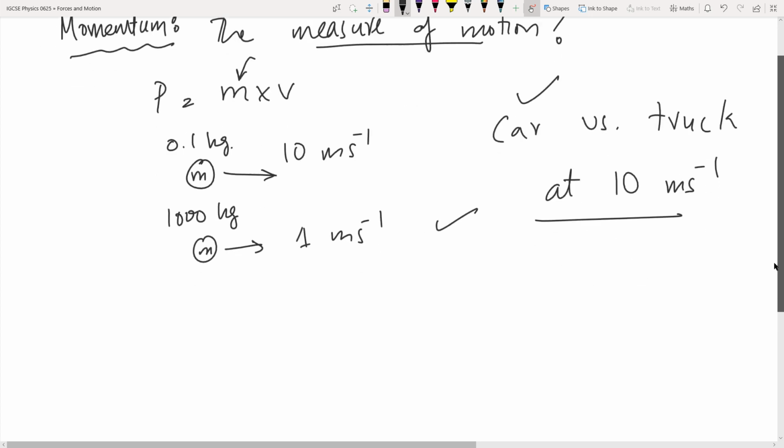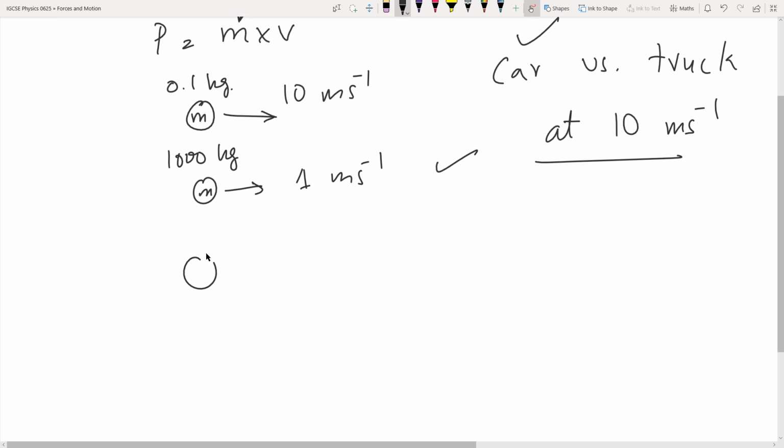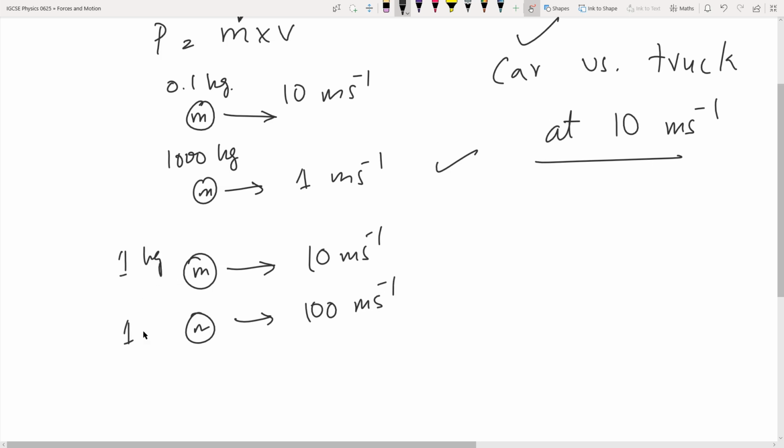Similarly, let's say we've got two balls, one moving at 10 meters per second, and another one moving at 100 meters per second. Both of them are 1 kilogram spheres, right?